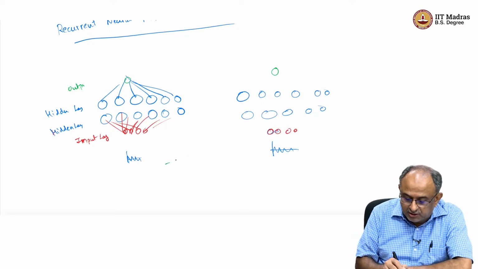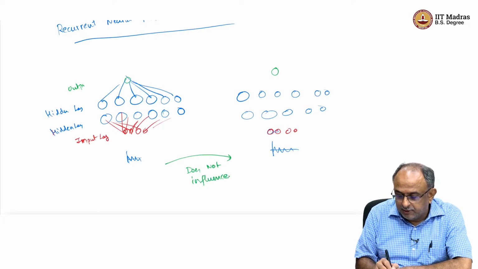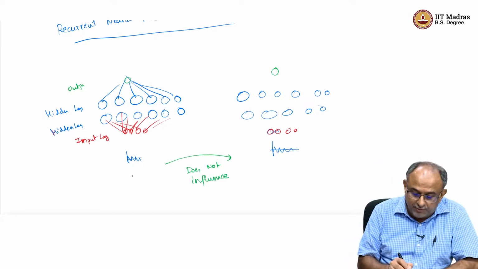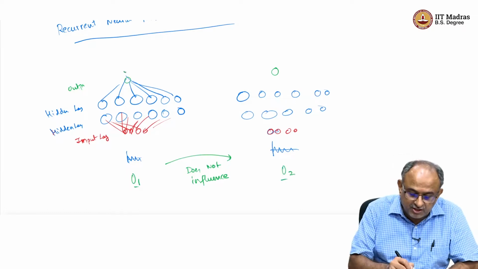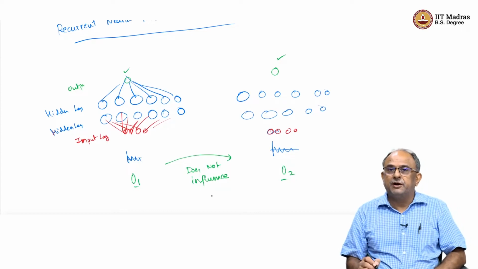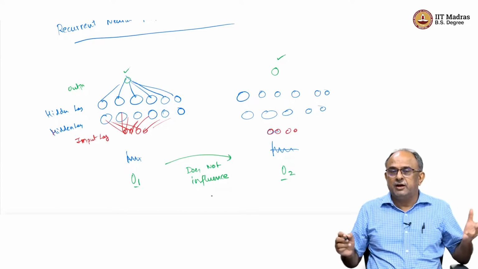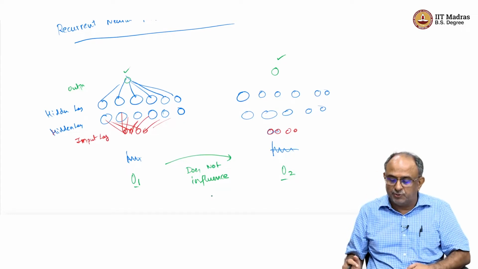This feature does not influence the next one. In speech maybe this would have been the O1 vector, this might be the O2 vector, right. The decision that I make for O2 is not influenced by what happened in O1. It is completely independent. For O2 I make a decision separately by passing it through the network, okay.